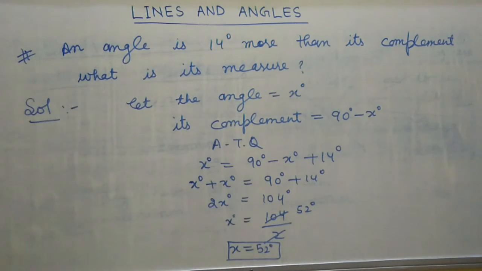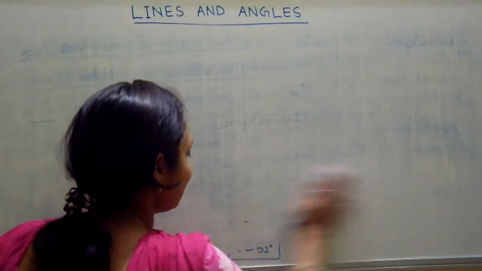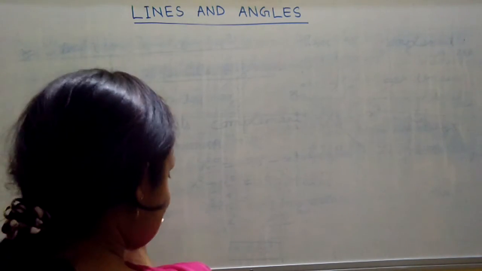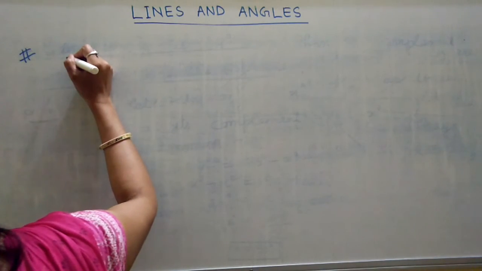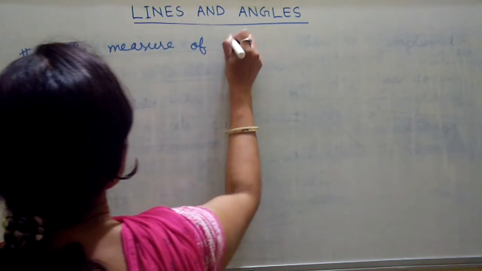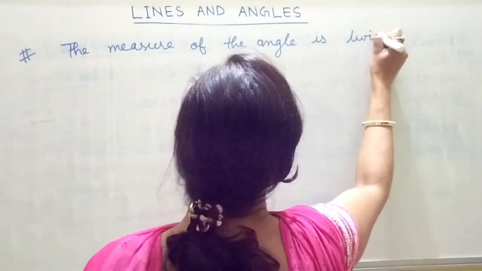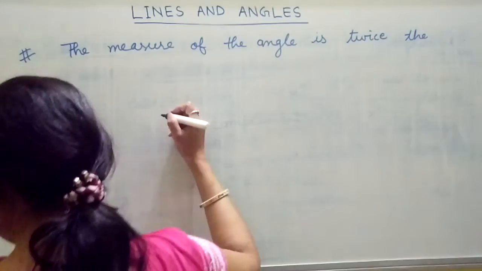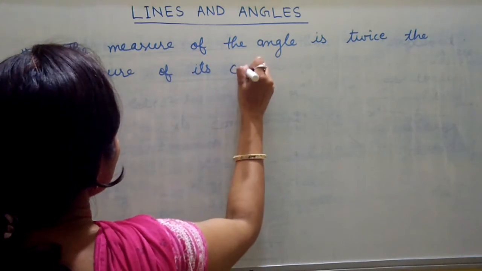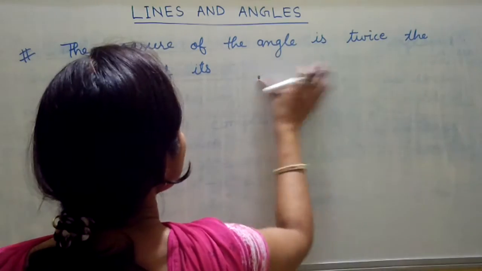Okay, the next question is based on supplementary angles. The question is: the measure of an angle is twice the measure of its supplementary angle.